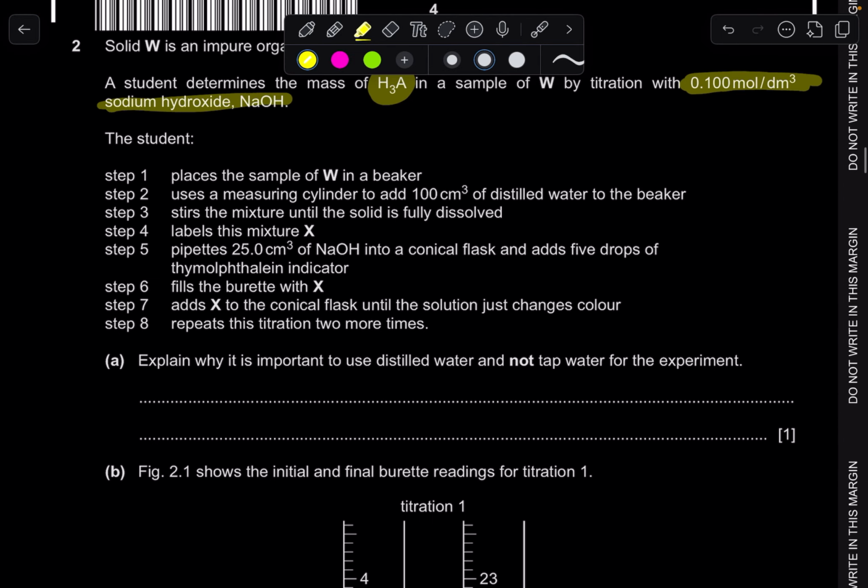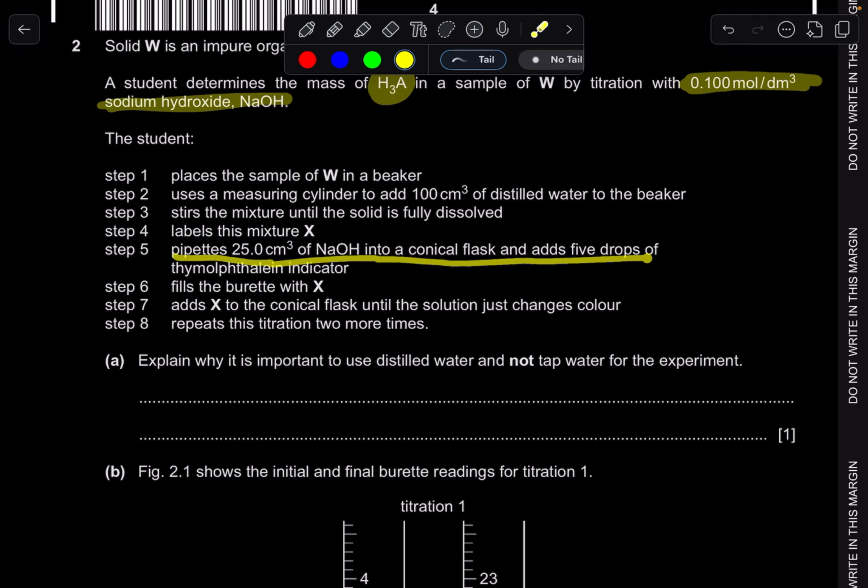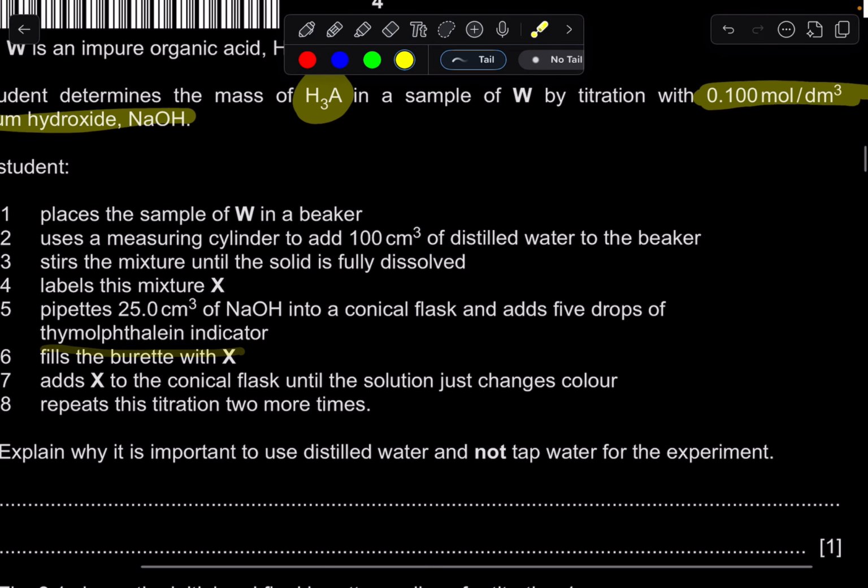Okay, these are the steps the student carries out. Places a sample of W in a beaker, uses a measuring cylinder to add 100 cm cube of distilled water into the beaker, stirs the mixture until the solid is fully dissolved. Okay, labels the mixture X, pipettes out 25 cm cube of NaOH into the conical flask and adds 5 drops of phenolphthalein indicator.